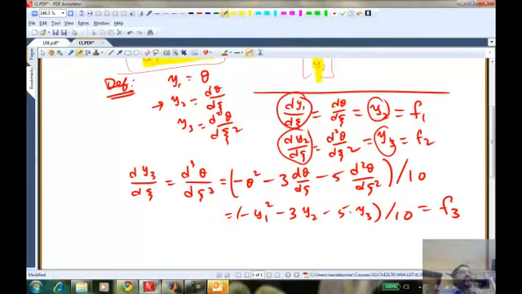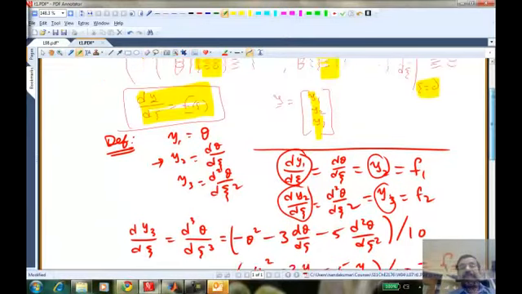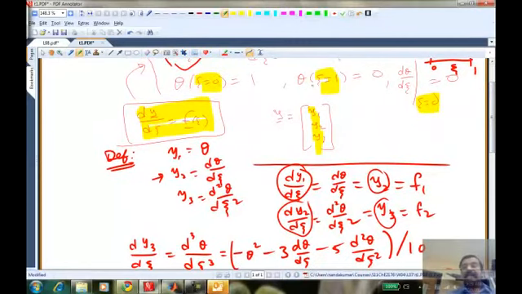How do we do the boundary condition? Now I have 3 first order equations. I need 3 conditions. The conditions were given in terms of theta at 0, theta at 1, and d theta d psi at 1. So all you have to do is write them in terms of the new variables. So what would be those conditions?